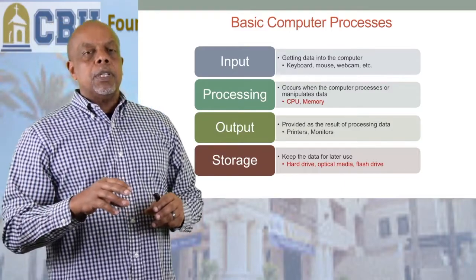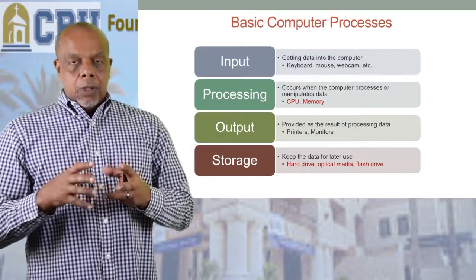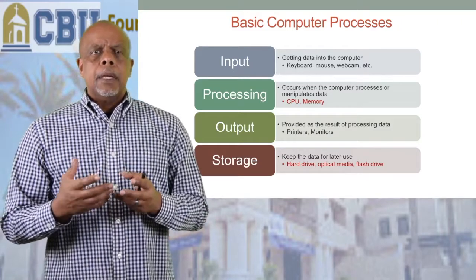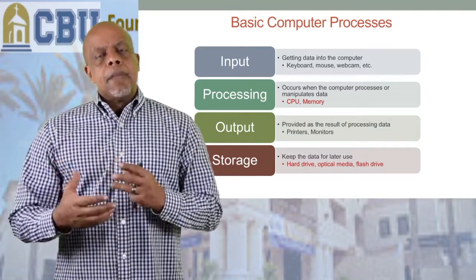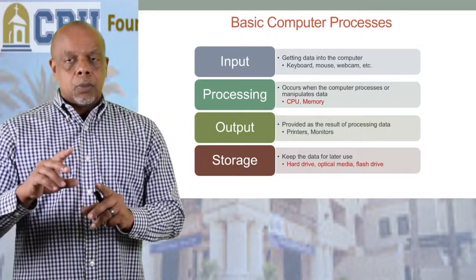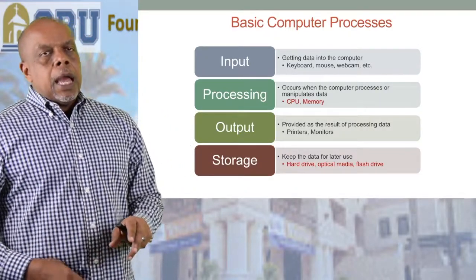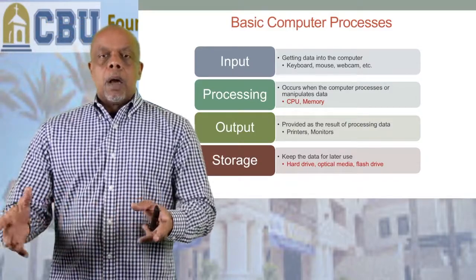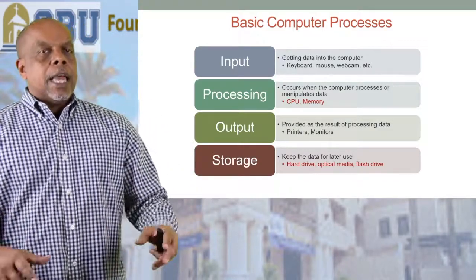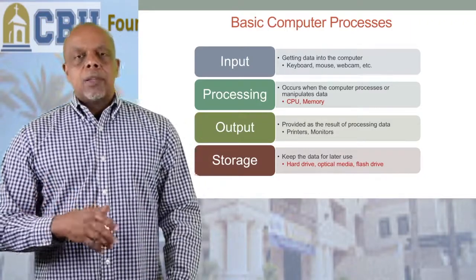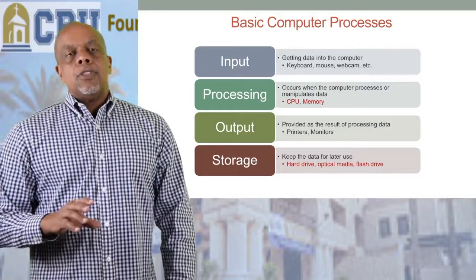On the processing side, we're looking at our CPU and memory. We're going to talk more about that. The items in red are some we're going to get a little deeper into. Output could be a monitor, printer, all those types of devices. And storage means hard drives, optical drives, and SSDs, those types of things.